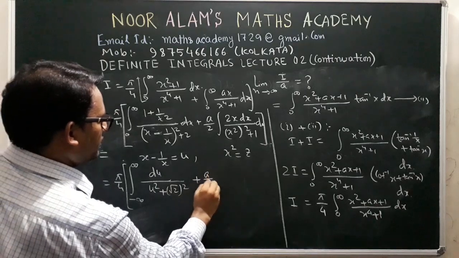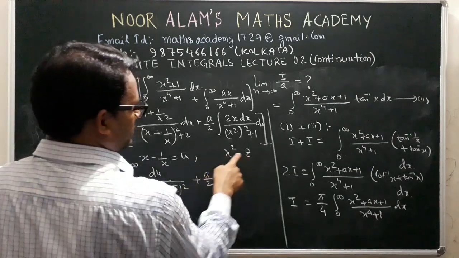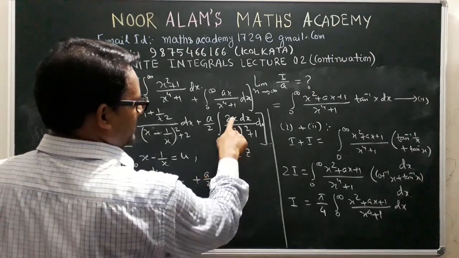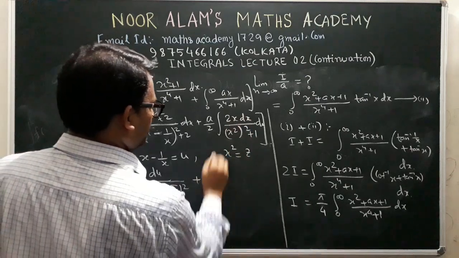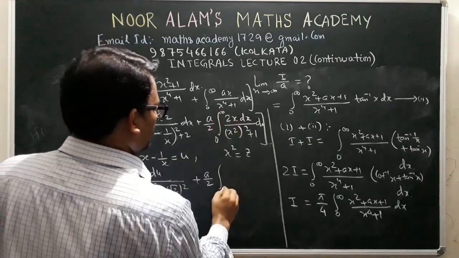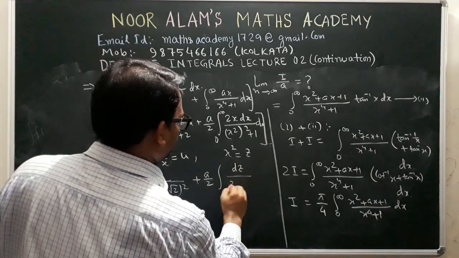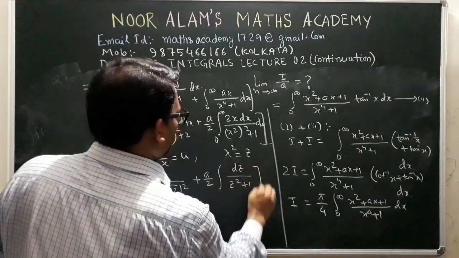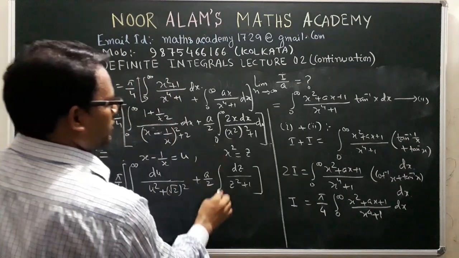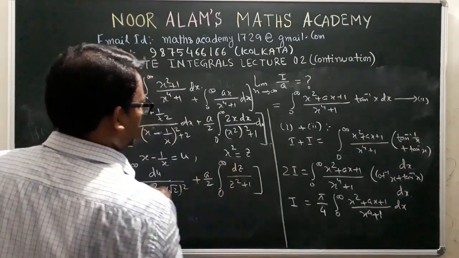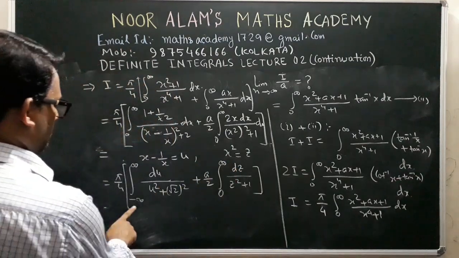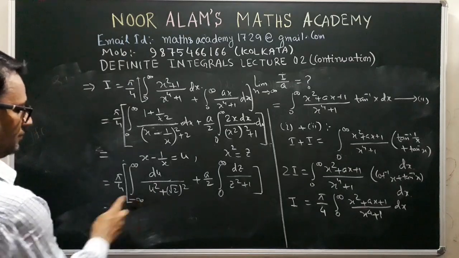Now in the second integral, a by 2, when you put x square equal to z, 2x dx gives dz. So the numerator will be dz, and the denominator becomes z square plus 1. When you put x as 0 you get 0, when you put x as infinity, z is also infinity. So now we get the standard form and we can apply the formula here.